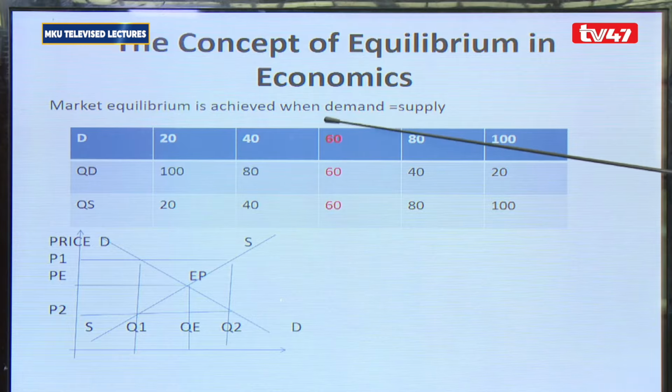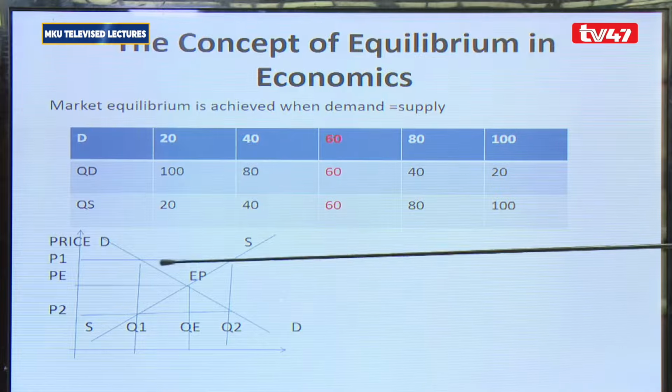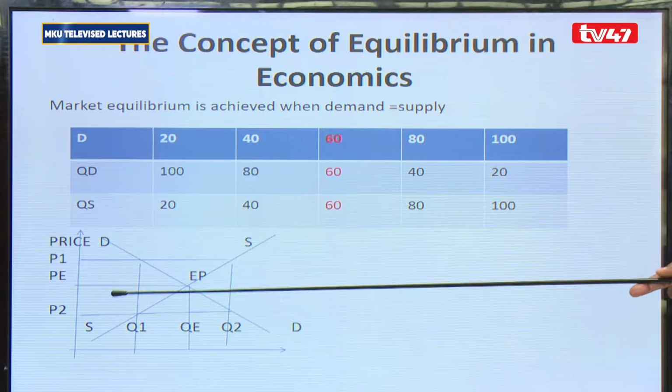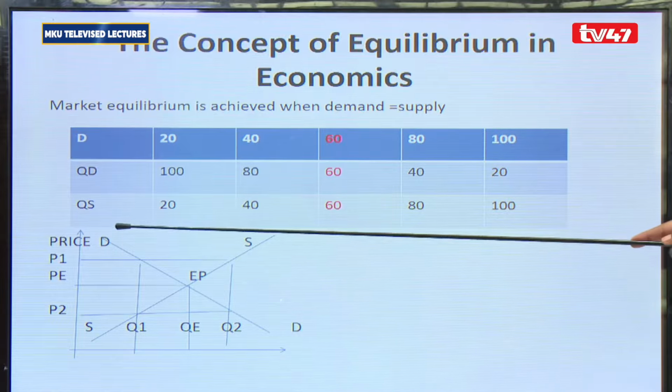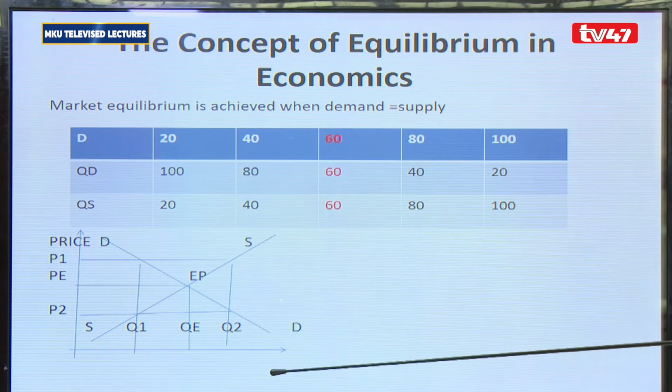At price 60 shillings, 60 units were demanded and 60 units were supplied. Therefore, the market is at equilibrium at price 60. We can demonstrate that through the demand and supply curves, as we can see on our curves here.